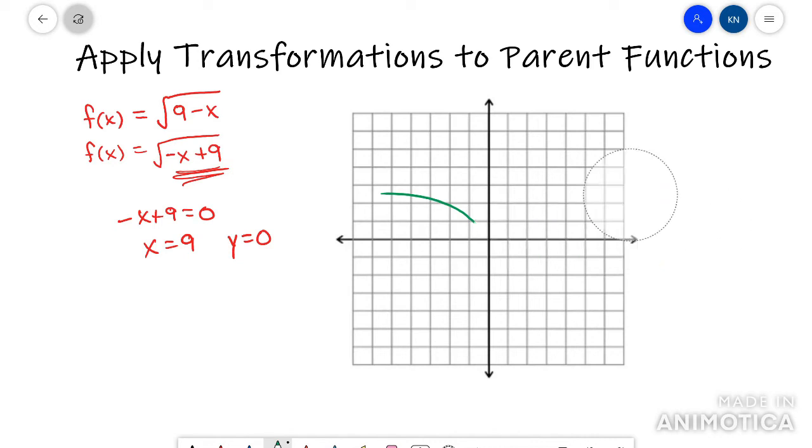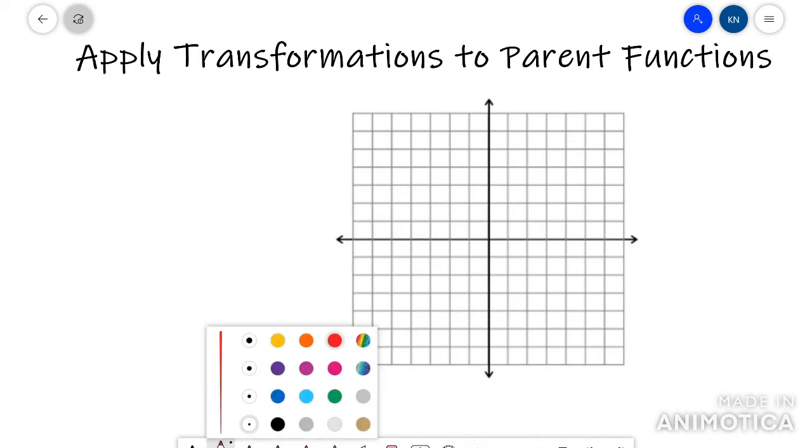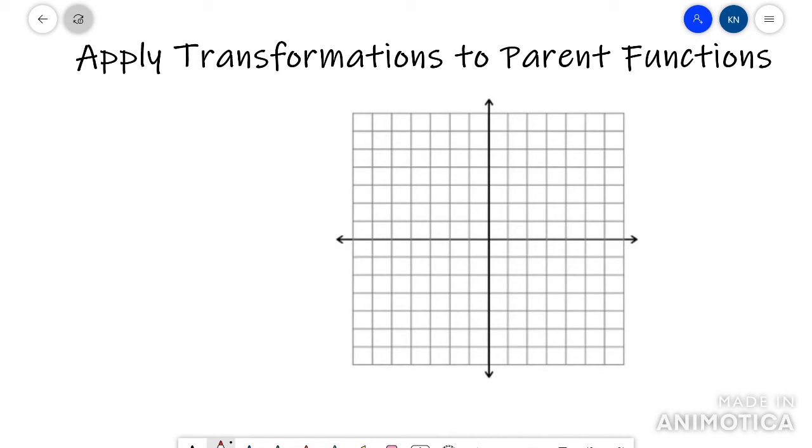Let's keep moving. I want to make sure I show you a couple greatest integer, but we'll do one more simpler function first. So imagine something like this. Okay, this is an absolute value equation.